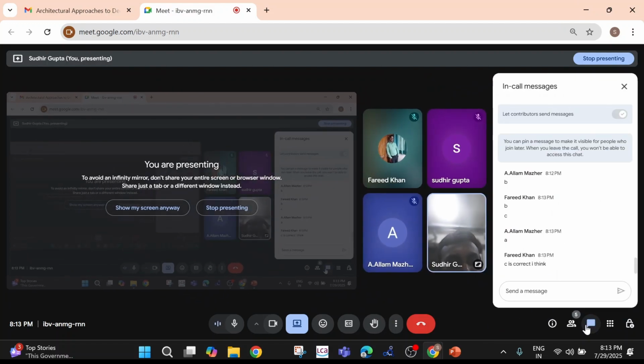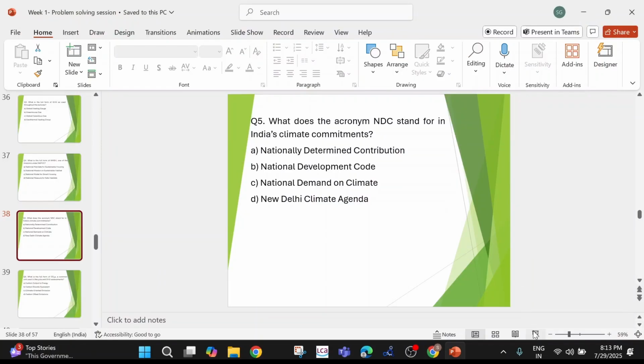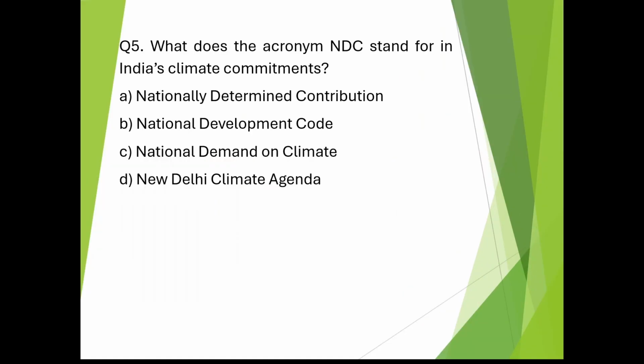So Alam is saying A and Farid is saying C. Okay, so the final answer is option A, as opted by Alam: nationally determined contribution. NDCs are the country-specific climate action targets submitted to the UNFCCC under the Paris Agreement.